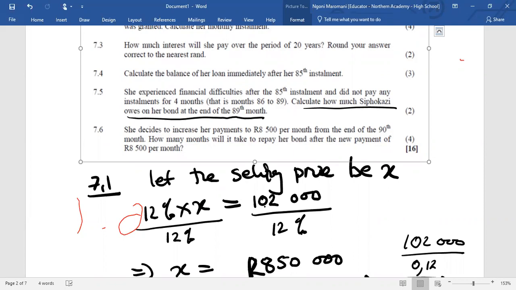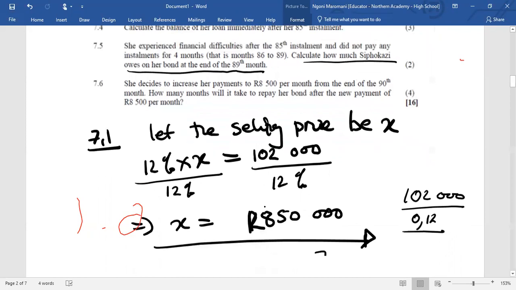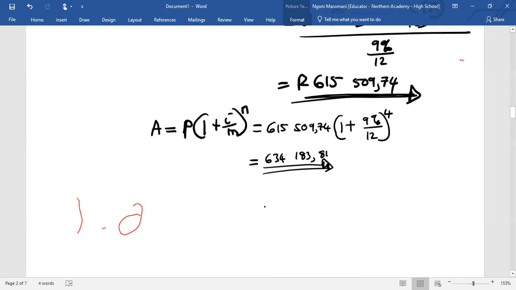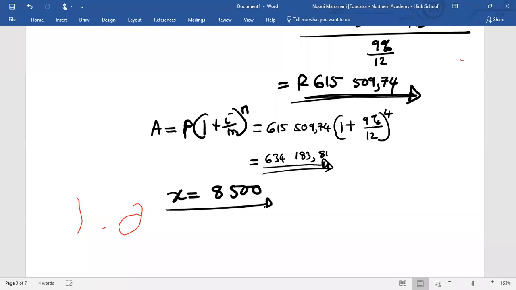From the end of the ninth month, how many months will it take to repay her bond after the new payment of 8,500? Is that okay now, guys? So we are saying our new X value, how much is she now paying per month? 8,500. She has increased the monthly installment.